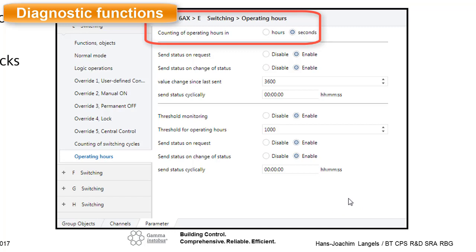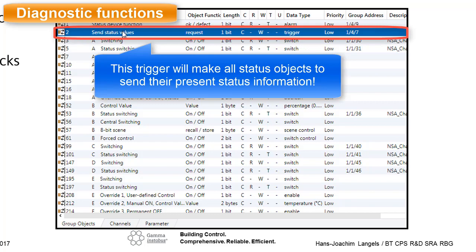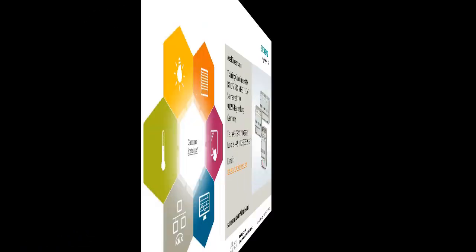So using this counter only requires a format adaptation on a visual display. The general object send status values is a device-wide trigger, which will send all available status values if triggered, no matter how they are individually configured.